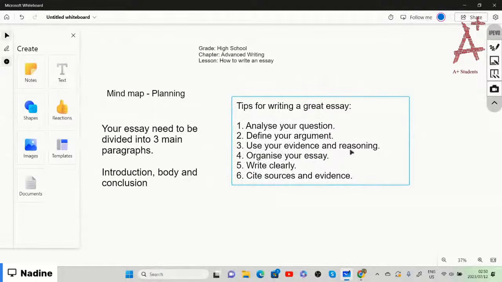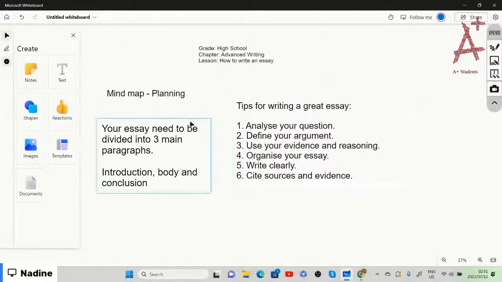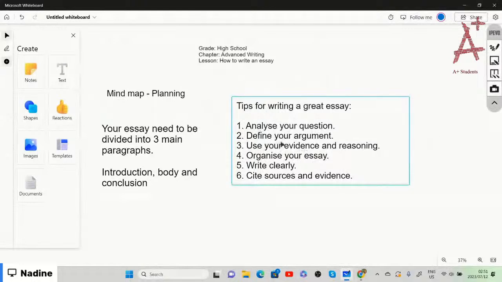Use your evidence and reasoning, meaning that it cannot just be your opinion all the time. If you went on the internet or got a book, then you need to state your evidence. Paraphrase what the author or the writer is saying.